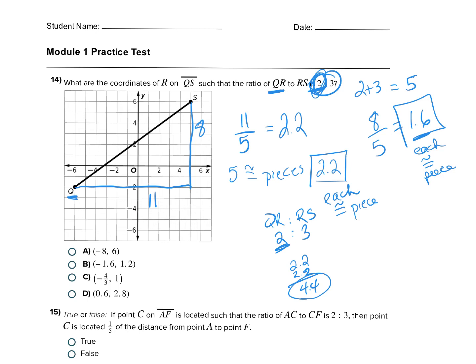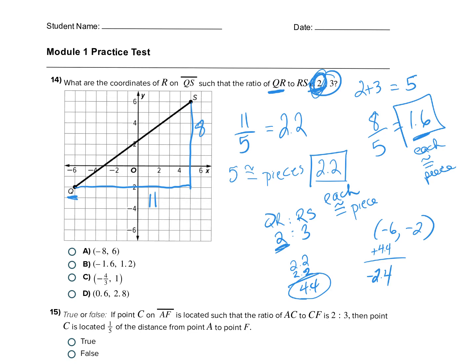And because we're dealing with decimals, the easiest thing to do is point Q is at -6, -2. So I'm going to add 4.4 to -6, and I'm going to get -2.4.